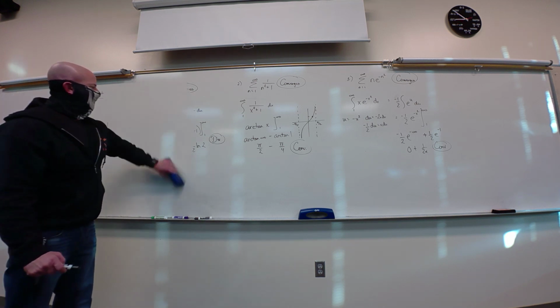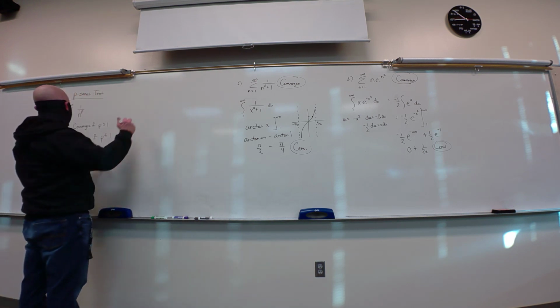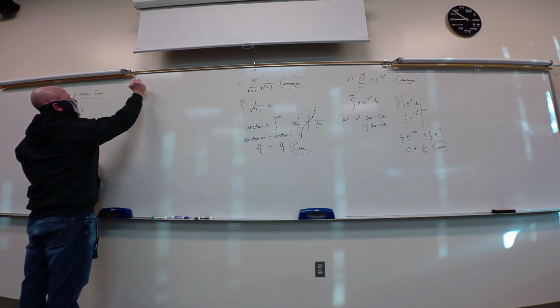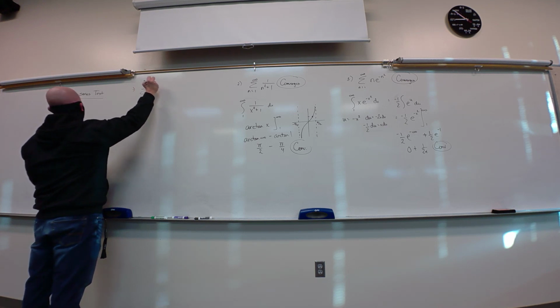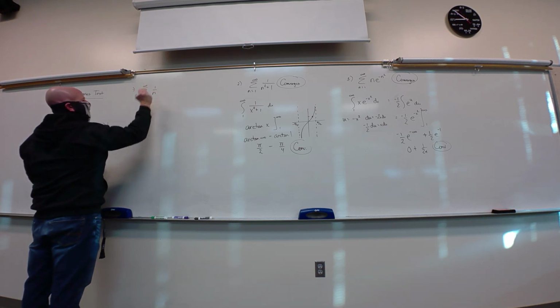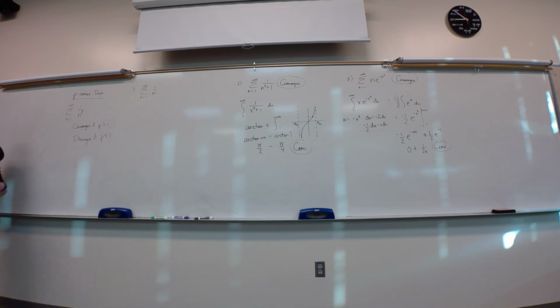So let's look at one like this. The sum, n goes from 1 to infinity, of 1 over n. This would actually diverge because the p-value is 1. Look at the power on the n. That's a 1.